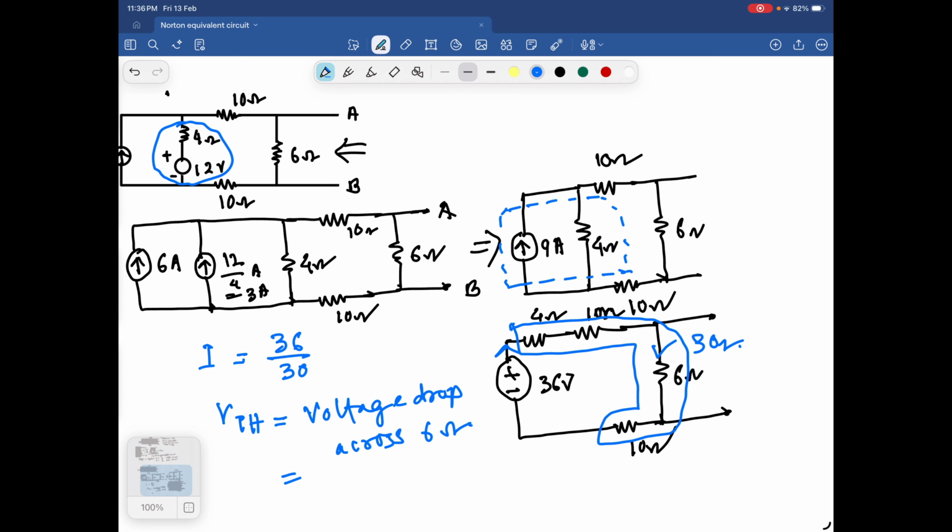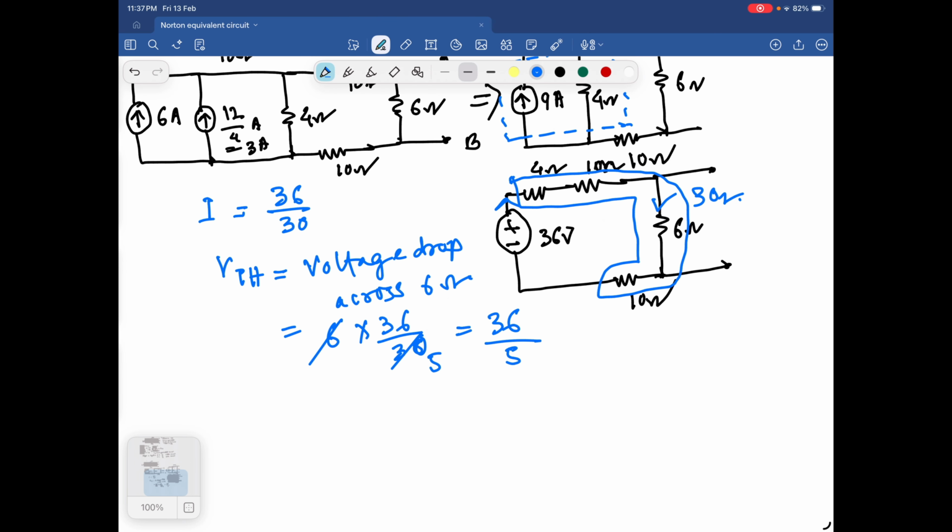So this is equal to 6 into, as this one is a series, the same current will flow, so 6 into 36 by 30. So this one is 5. So 36 by 5. This is your VTH.